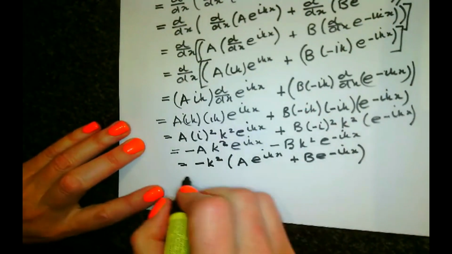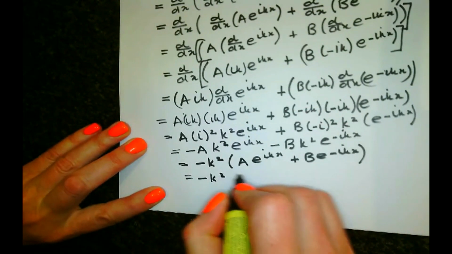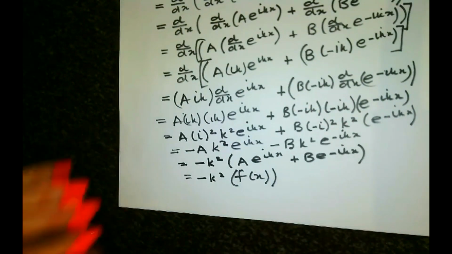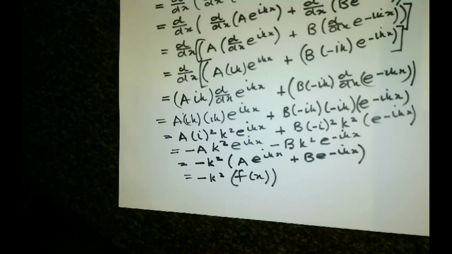So this is just minus k squared f(x). So there we have the second derivative of the function f(x). It's just minus k squared of that function.